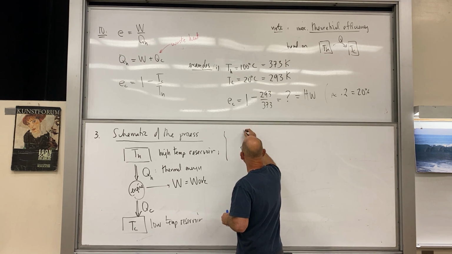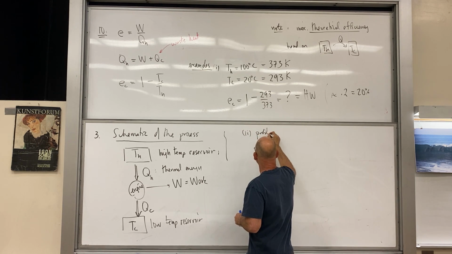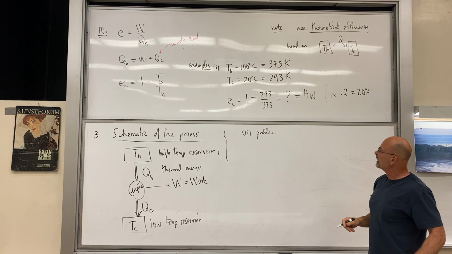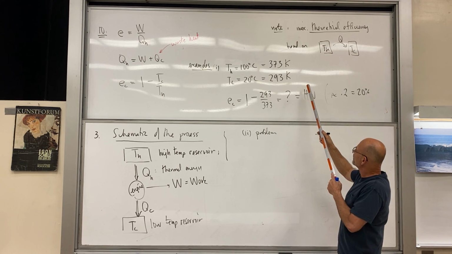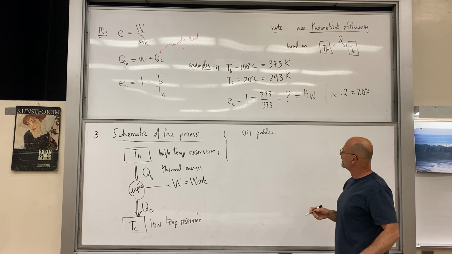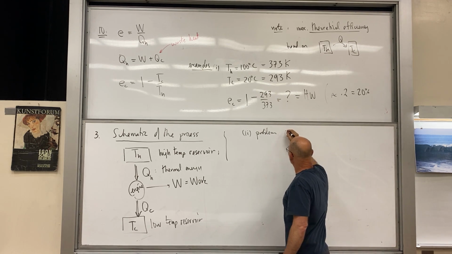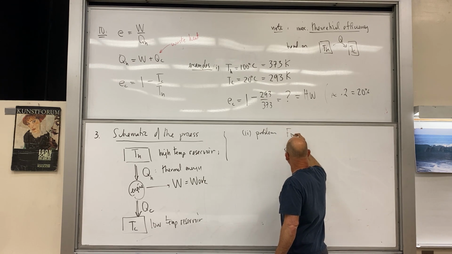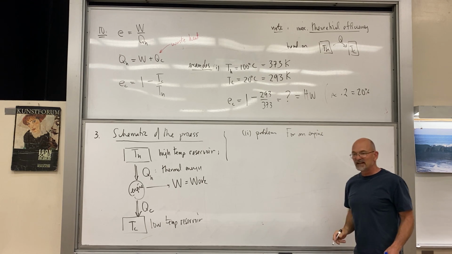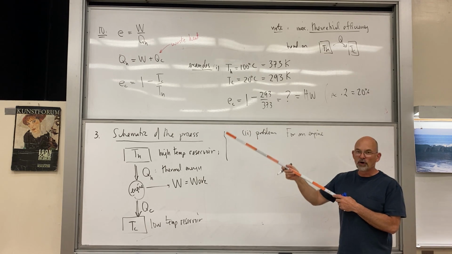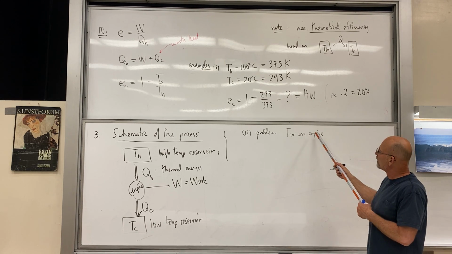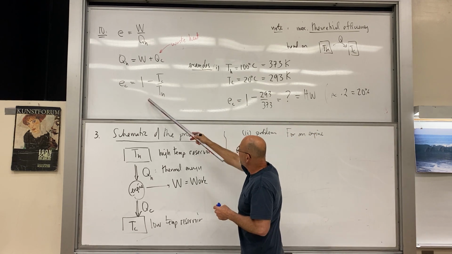So here's a problem, and I'll let you guys finish it. Here's the idea. Suppose we can operate between room temperature, which we now know is 293. So for an ideal engine, sometimes they refer to it as a Carnot engine, but right now in these problems, I'm referring to this thing here.